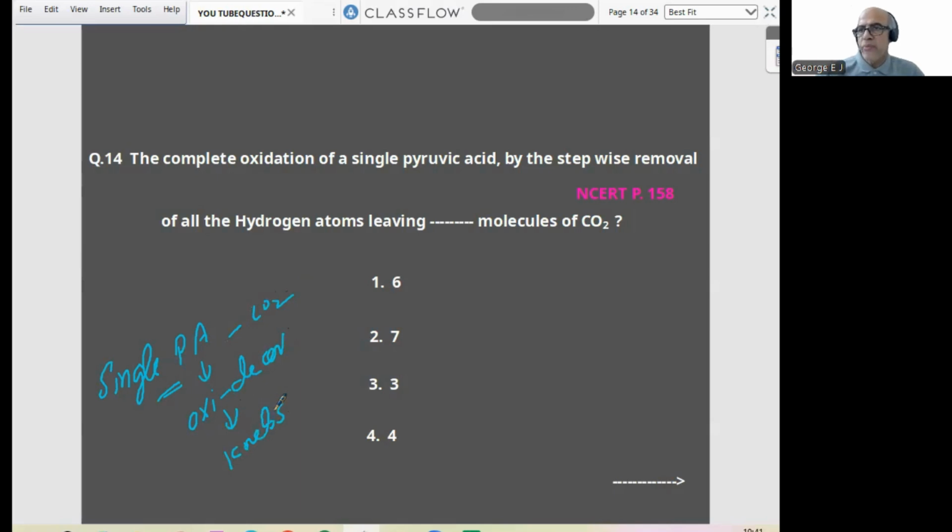In the Krebs cycle, 6-carbon citric acid will be converted into 4-carbon oxaloacetic acid. So 2 carbon dioxide will be removed. So minus 2 CO2. So total will be minus 3 CO2. So option will be 3. I think the idea is clear how that becomes 3 carbon dioxide. Direct NCERT all this. Now we can proceed to the next question.